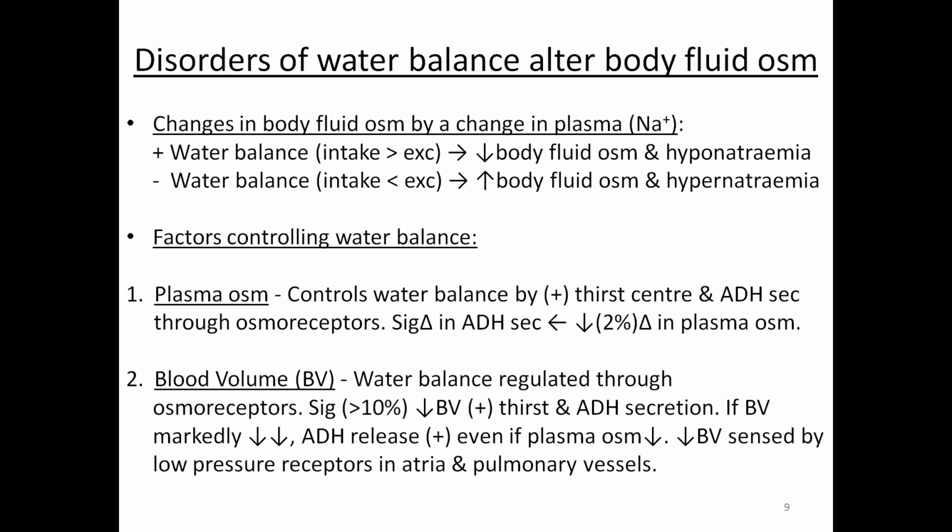So if your blood volume is markedly decreased, then ADH release is stimulated even if plasma osmolality is low. Decreased blood volume is sensed by low pressure receptors in the atria and pulmonary vessels. Both plasma osmolality and blood volume are very important for controlling your water balance.